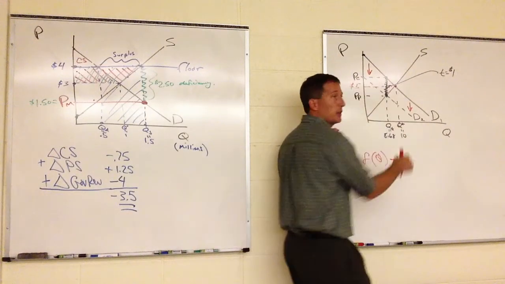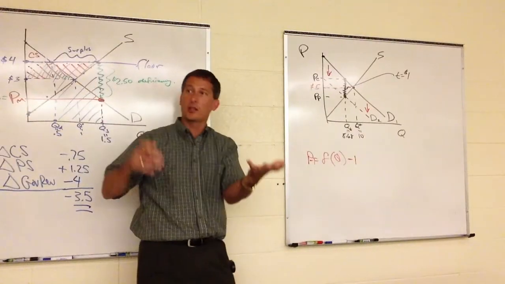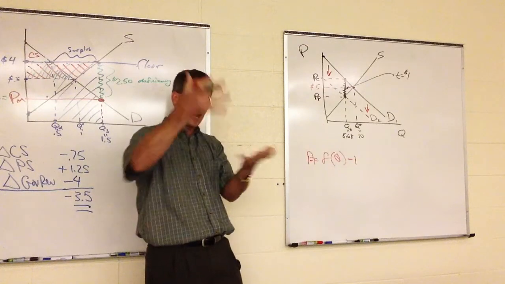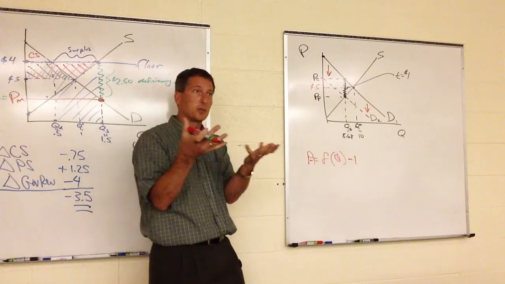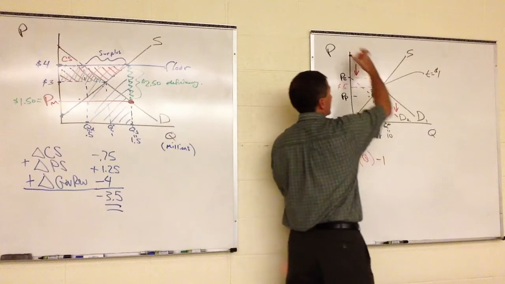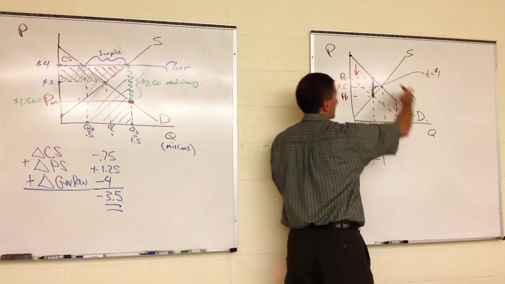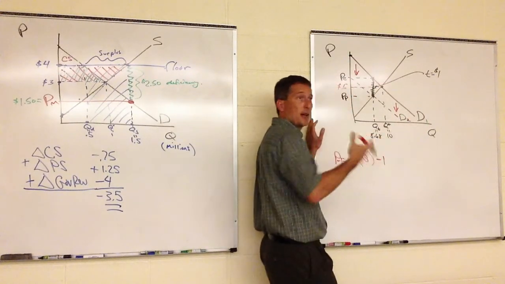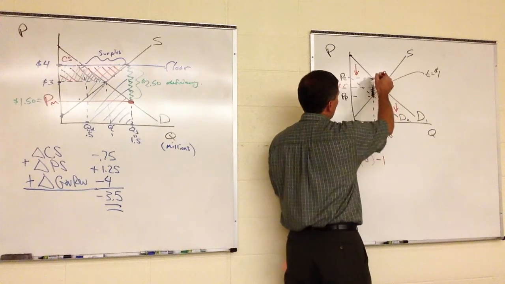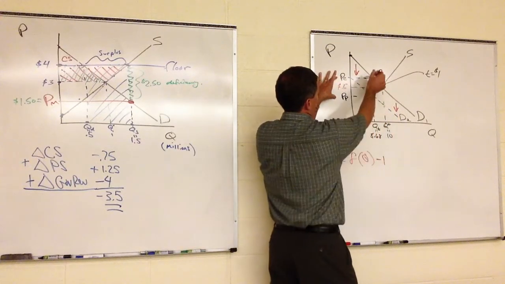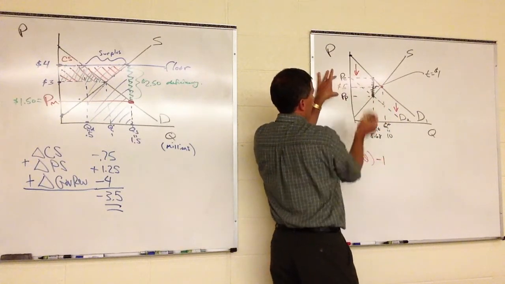So their behavior is based off the combination of the tax and the real price, so to speak. That's where their behavior is. And so we always maintain this real demand curve here because that's how they're going to behave. And that's what ends up solving for PC up here.